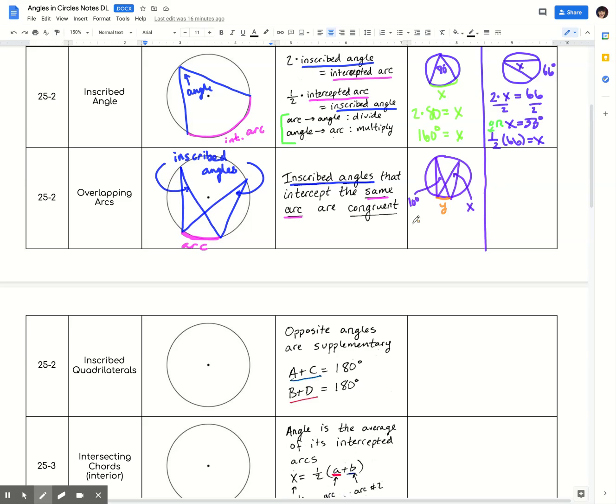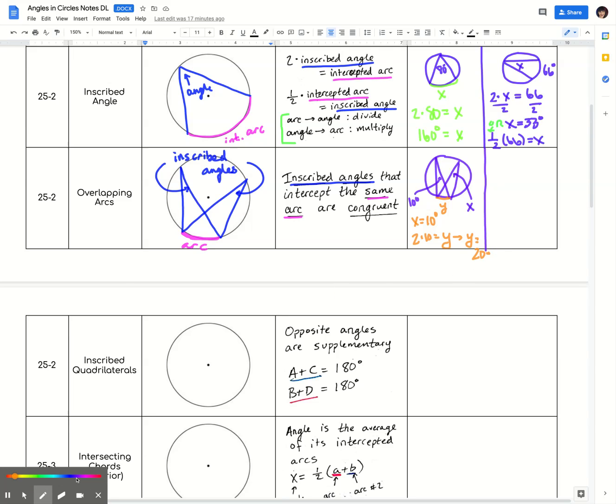So since one angle is 10 degrees, the other angle has to also be 10 degrees. Then my rule for inscribed angles is if I want to know what the arc is, I have to do 2 times the angle equals the arc. So that means I end up with y equals 20 degrees.